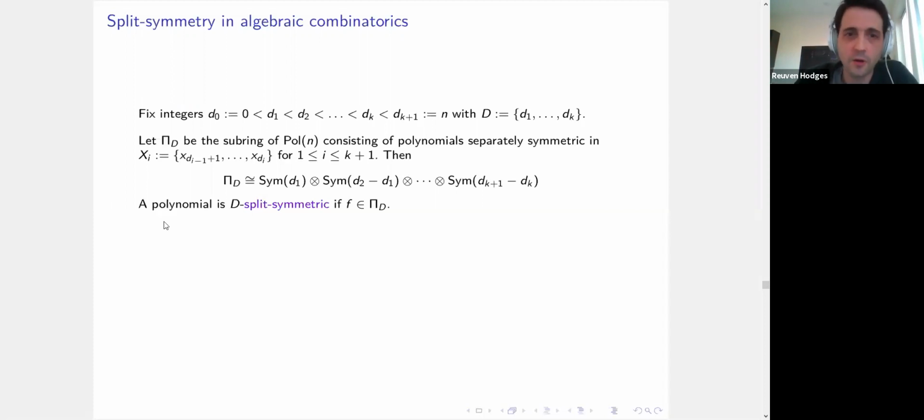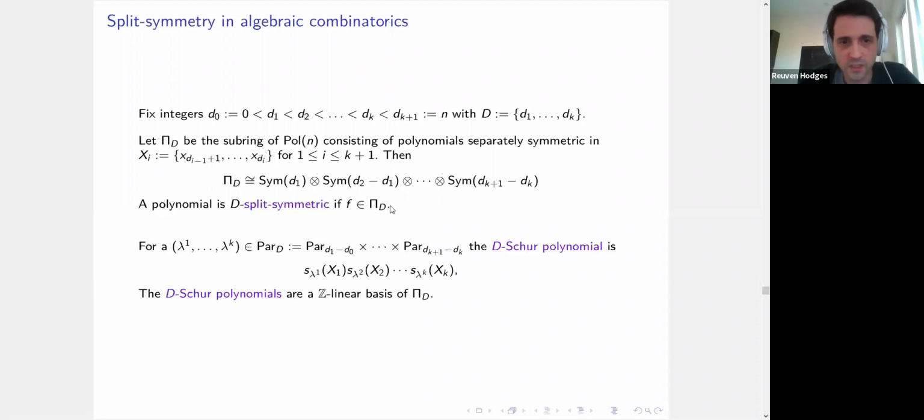We say that a polynomial is d-split symmetric if it lives inside of this ring. So these are polynomials that are not fully symmetric, but they're partially symmetric under some permutations of their variables. And what's the point of this?